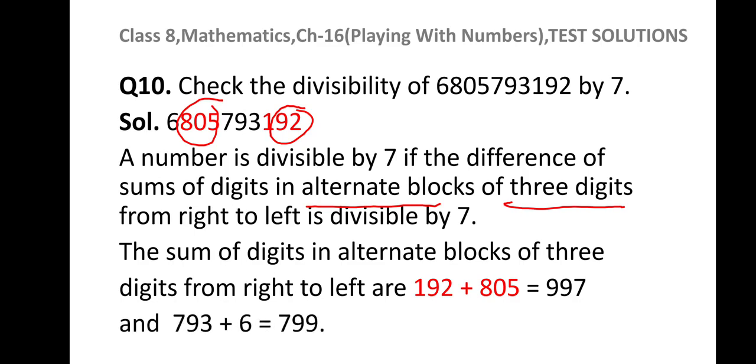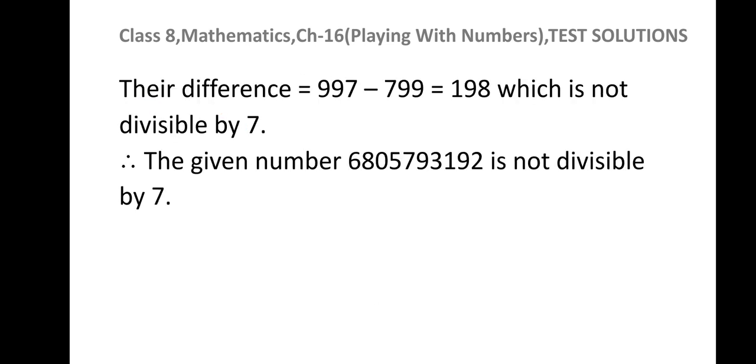And the digits in black, I have taken 793 plus 6, it will be 799. Taking their difference now, 997 minus 799 is equal to 198, which is not divisible by 7. So the given number is not divisible by 7.